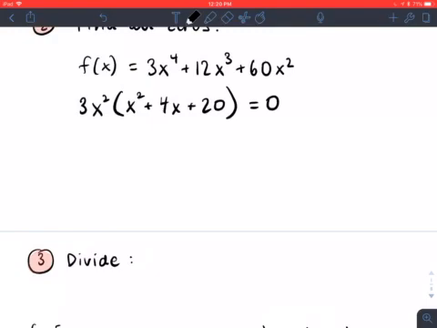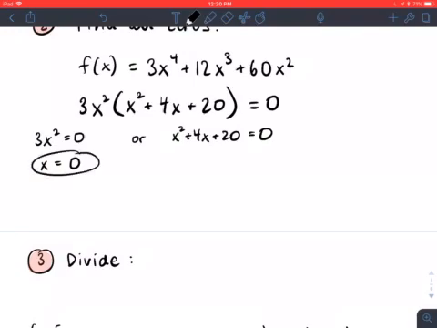Using the zero product property, we know that either 3x squared equals 0 or x squared plus 4x plus 20 equals 0. If 3x squared equals 0, that means x equals 0. So this is already one solution. Note that this has a multiplicity of 2.